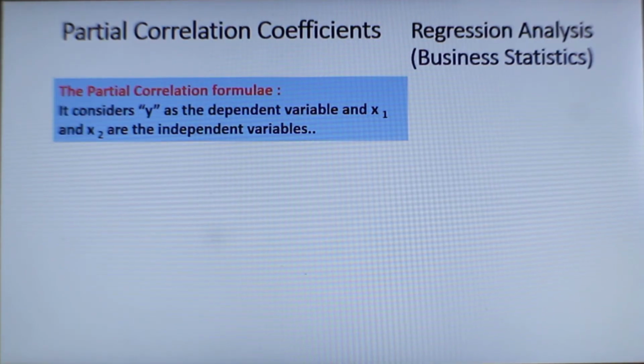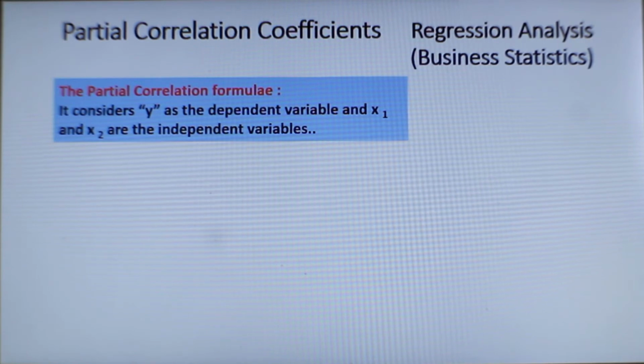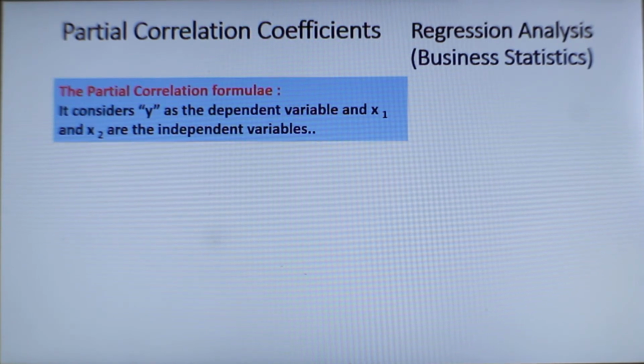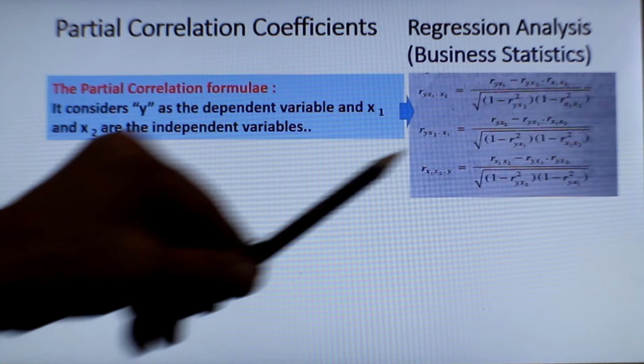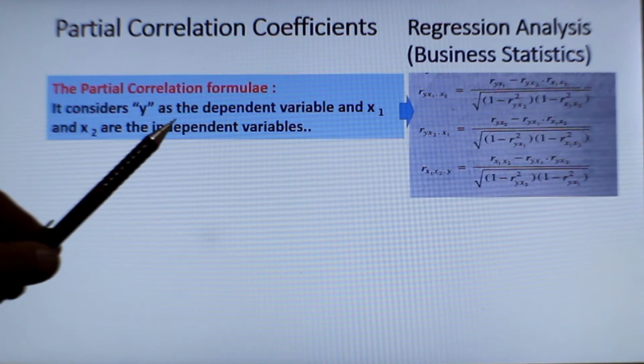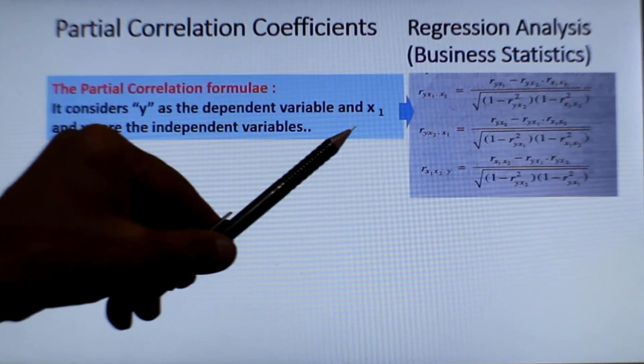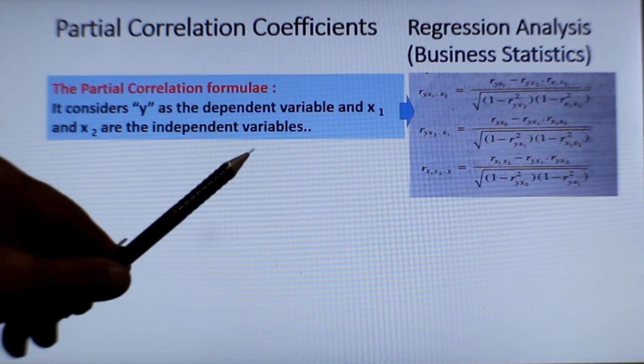Now let us understand the partial correlation coefficient formulae and also an example. It considers y as a dependent variable and x1, x2 as the independent variables.